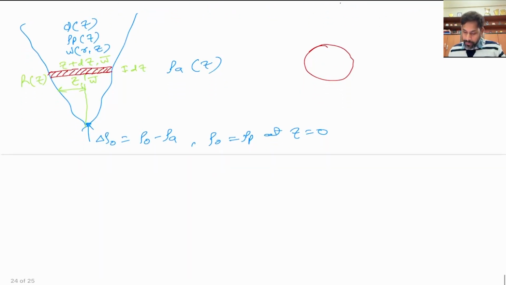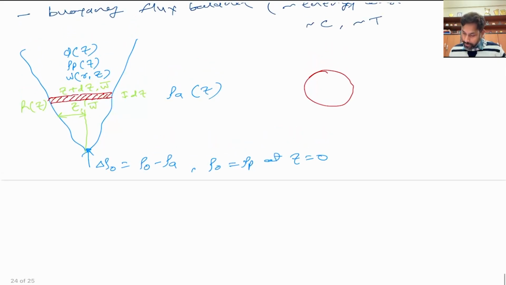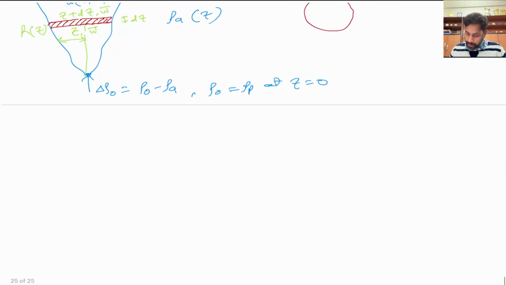Now if we want to write a balance equation for this particular element, a mass balance, how would you do that? A mass balance for the small red element.